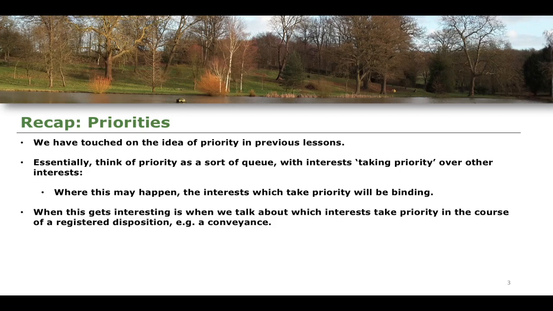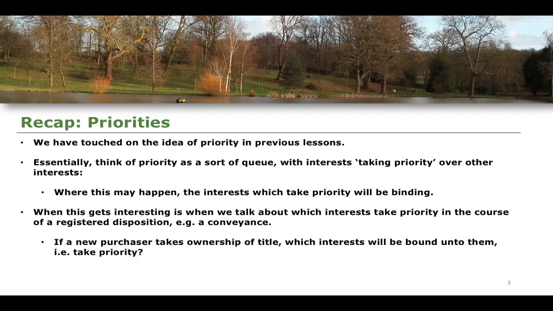Now, we'll get to how this works in a second, but it gets interesting when we talk about which interests take priority in the course of a registered disposition, for example a conveyance, where a new purchaser comes and transfers title over. If a new purchaser takes ownership of title, which of the interests will they be bound to?